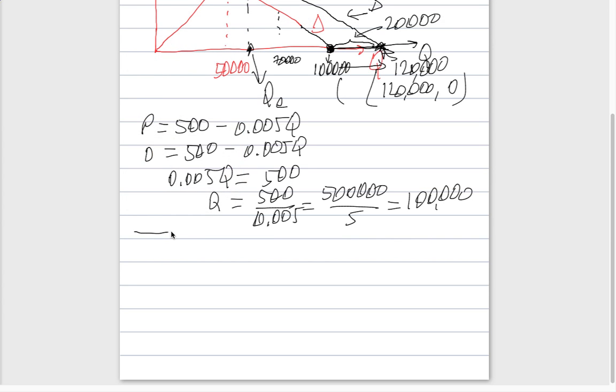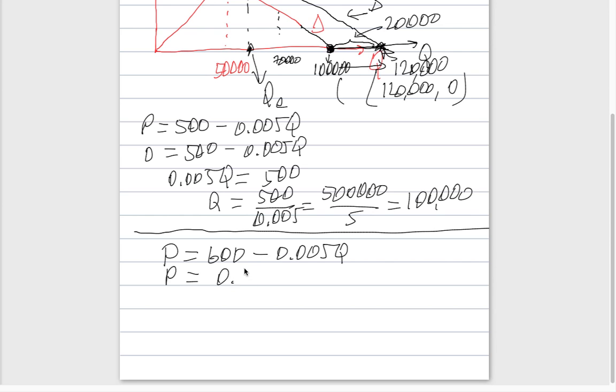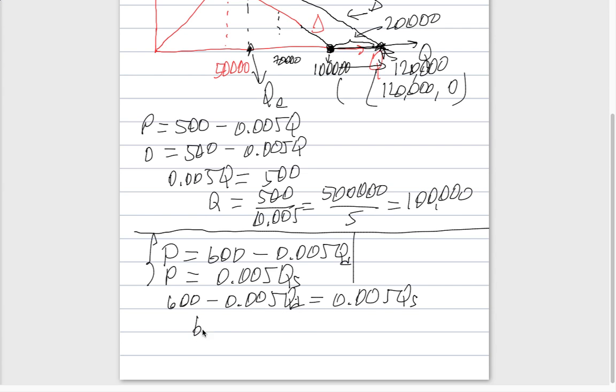Right, so now equilibrium. Our new demand function is 600 minus 0.005 Q, and the supply function is price equals 0.005 Q. Equating these two gives us 600 minus 0.005 Q equals 0.005 Q. This is quantity demanded, this is quantity supplied, and they are equal, so we can sum them up.